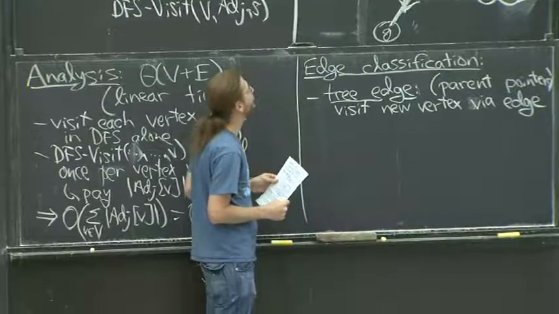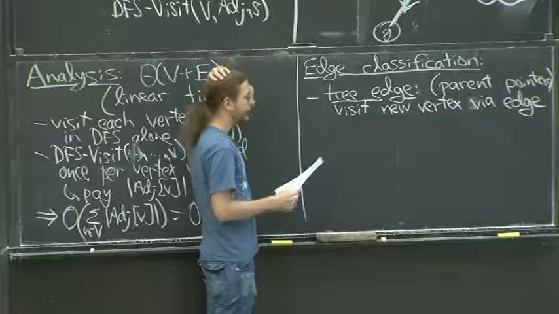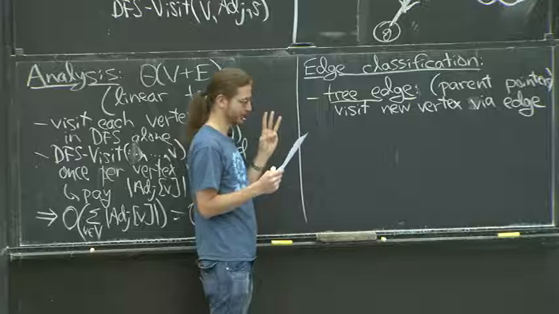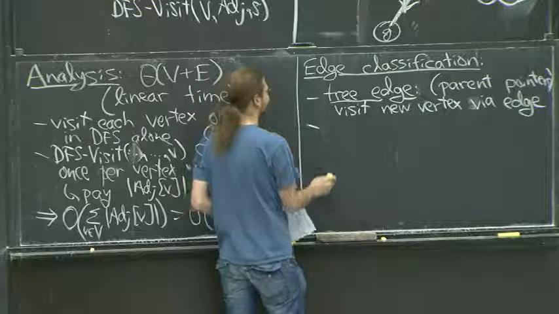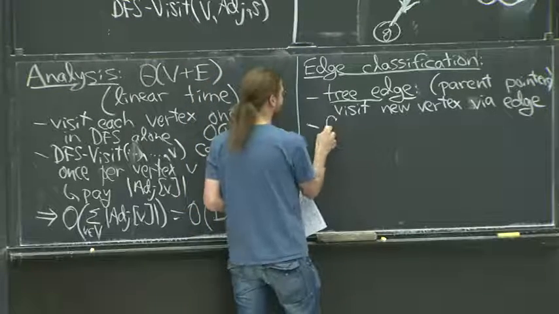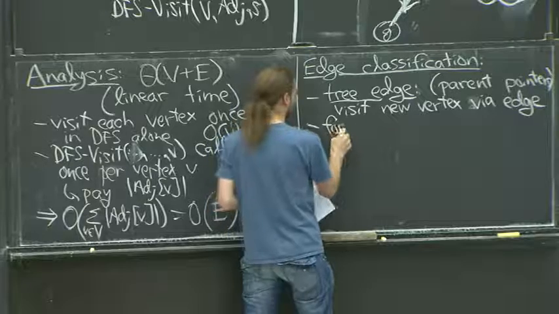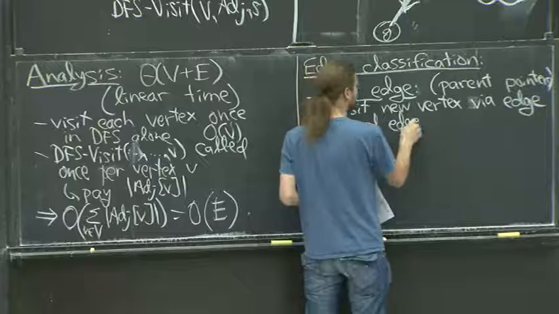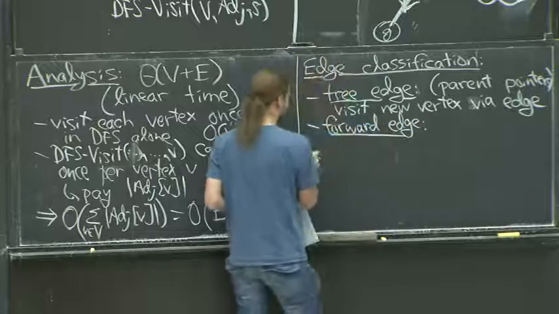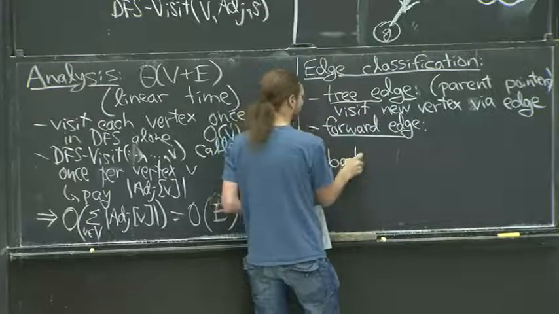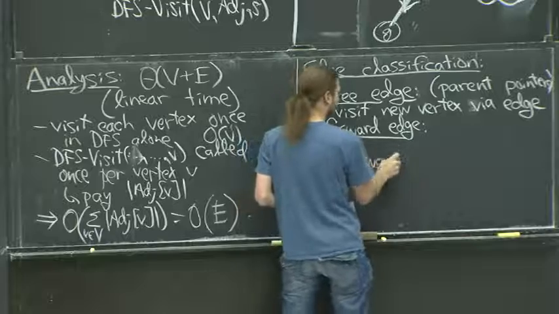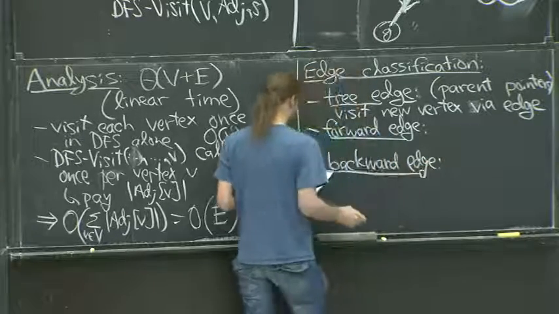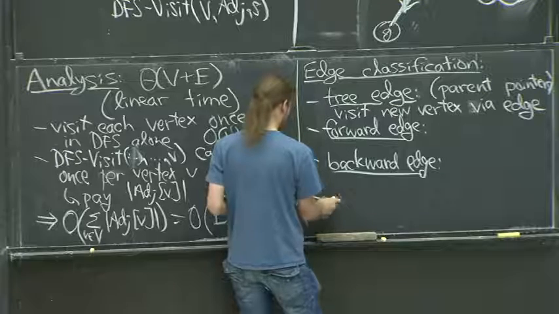There are other edges in there, the non-bold edges. And the textbook distinguishes three types. Three types? Three types. So many types. They are forward edges, backward edges, and cross edges.